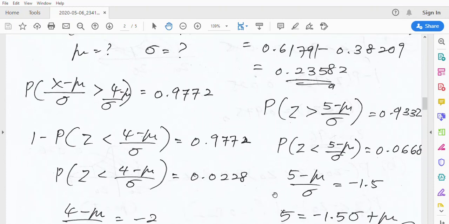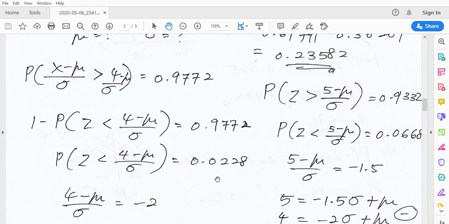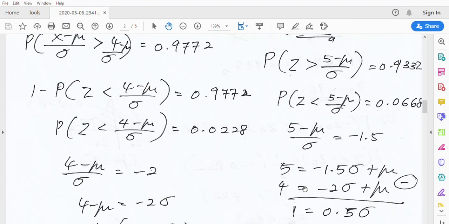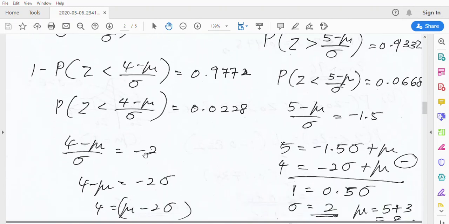So now we can take it out, because from this probability we will get the z value. So here z value is negative 2. Here z value is negative 1.5. So since this one equals negative 1.5 and this one equals negative 2, we can just take it out and make it simultaneous. So when we make it simultaneous, we need to transfer all the data so that there is no denominator, not in fraction form, it's in equation form.